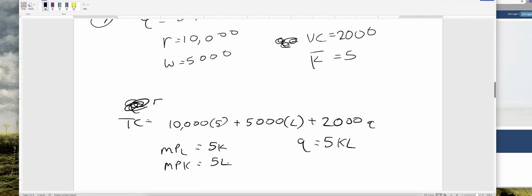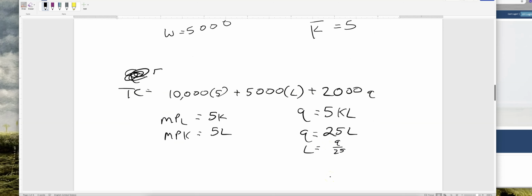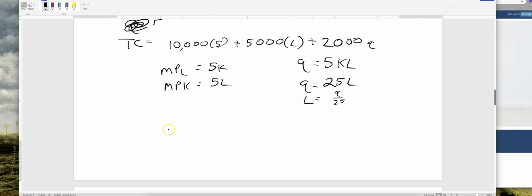And what we know is that if Q equals 5KL, and we're told that K is equal to 5 because it's fixed, then Q is going to equal 25L, or that L is going to equal Q divided by 25. How's that going to be useful for me? Because now what I can do is substitute.